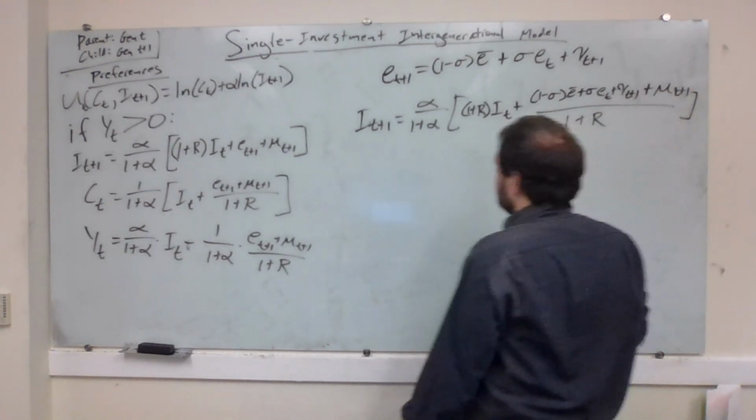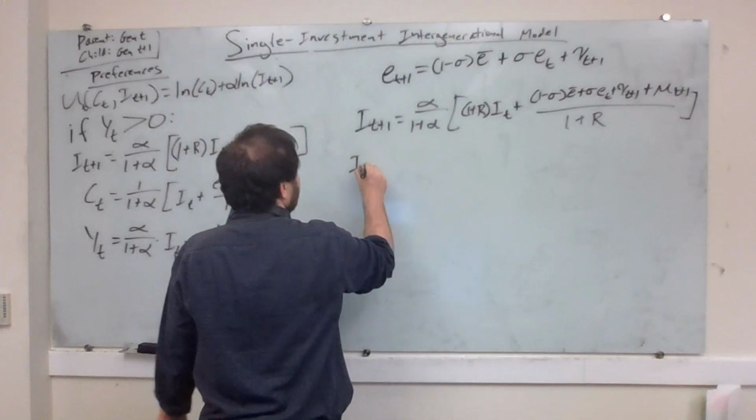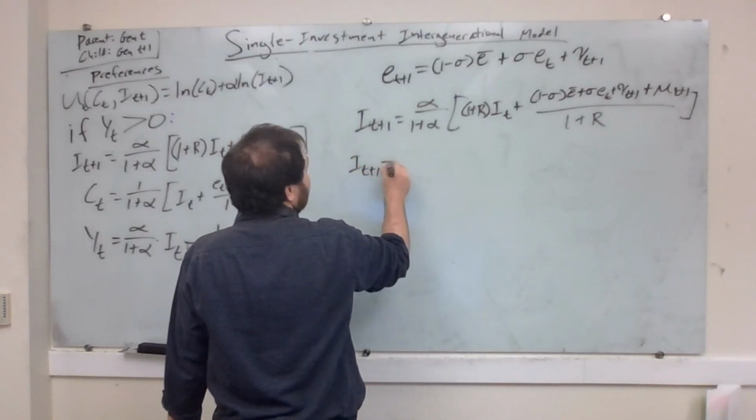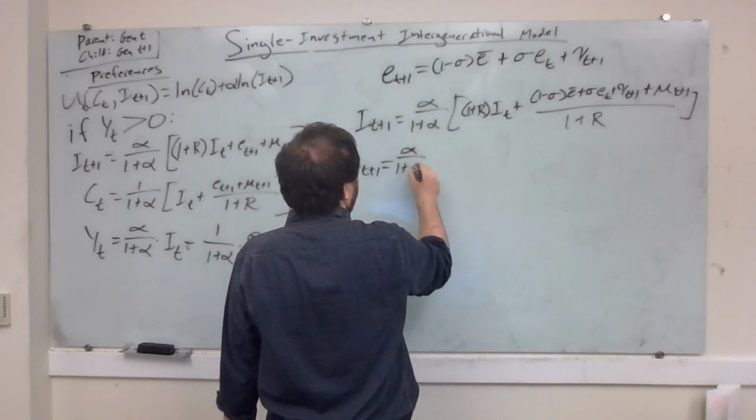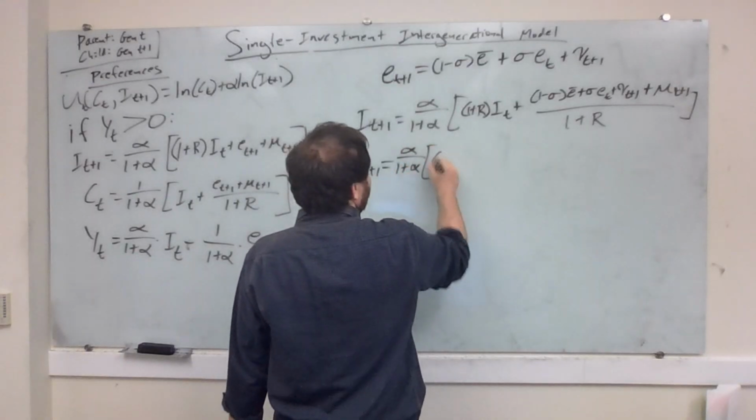I'm going to rearrange this a little bit to say I_{t+1} is going to be a function of three things. It's going to be a function of your parents' income.